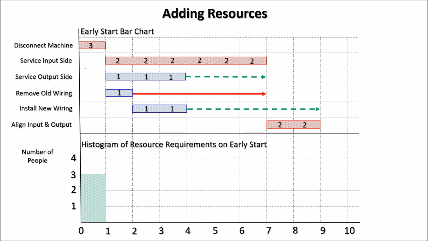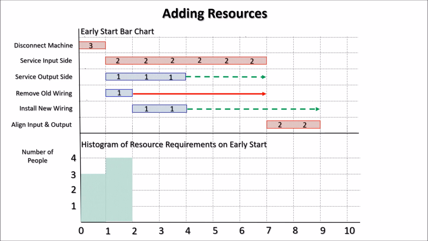Then we move on to the next time slot between 1 and 2. And we see we require 2 people to service the input side, one person to service the output, and 1 person to remove the old wiring. So 2 plus 1 plus 1 is 4, and we enter that on our histogram.